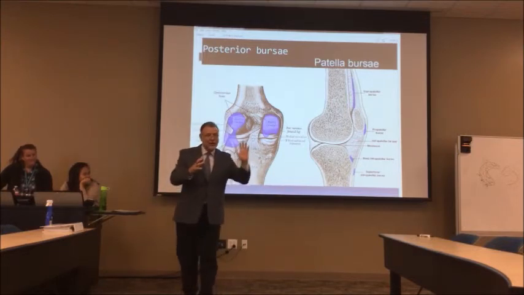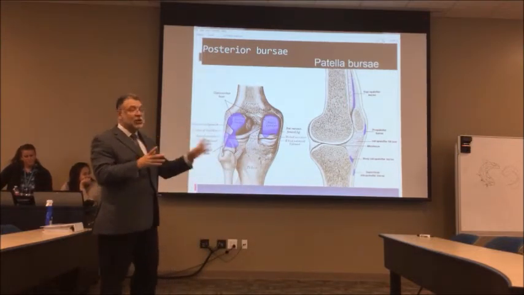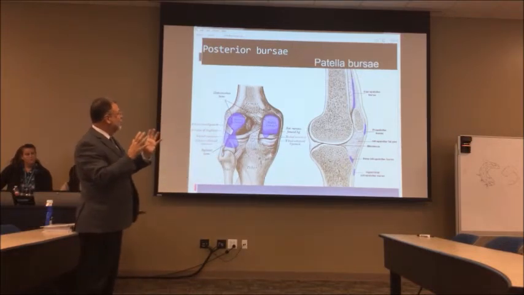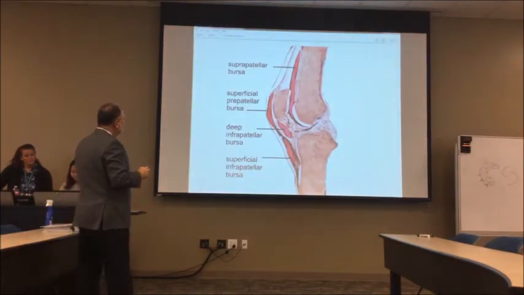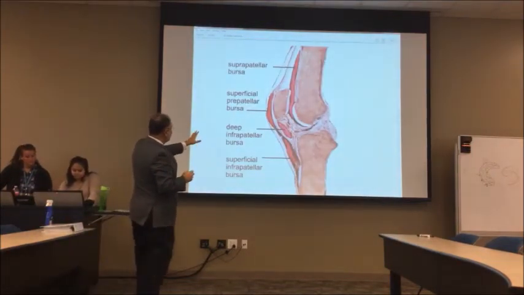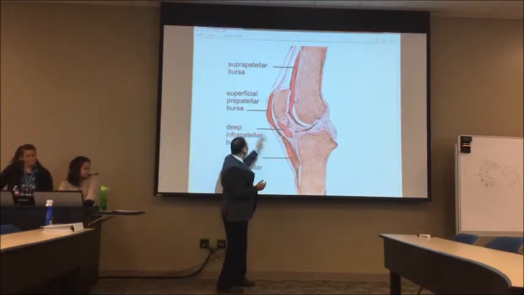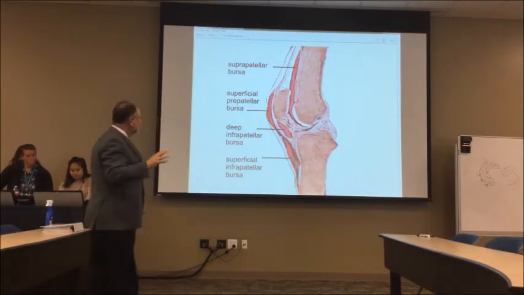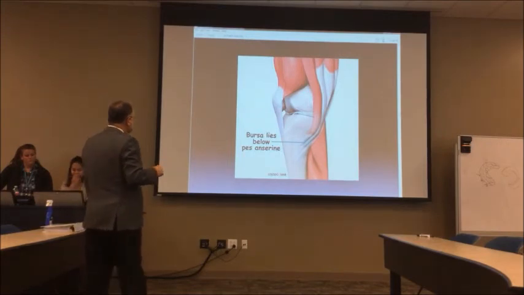Typically, anytime you have an injury, some acute internal derangement of the knee with bleeding, you're going to have that suprapatellar bursa very swollen, filled with fluid. Another version of this, the red one, is where it's supposed to be fluid, in this case blood in that area, because of the color. That's the site where you're going to find those bursas, or bursae.